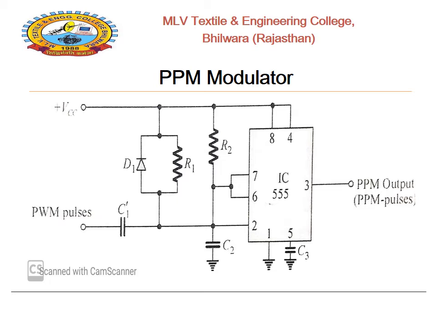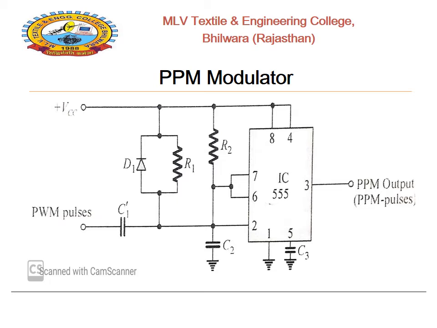Pulse width modulated pulses are applied to C1, R1 and D1. So let us know about the working of C1 dash, R1 and D1. As in the figure, C1 dash and R1 are connected in this way.